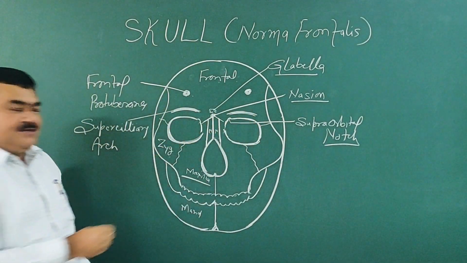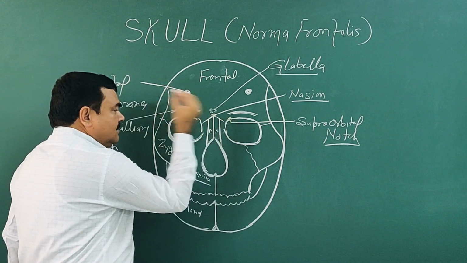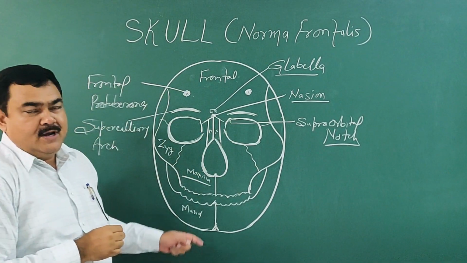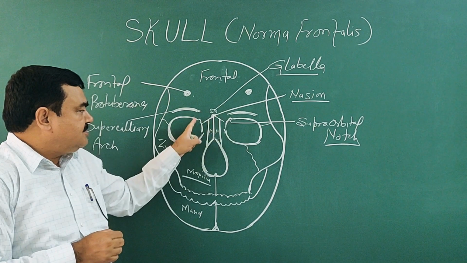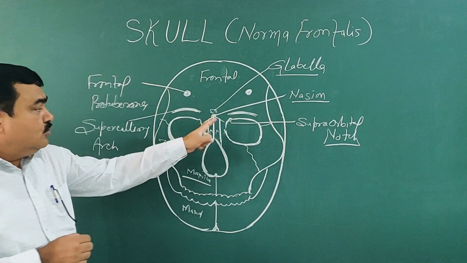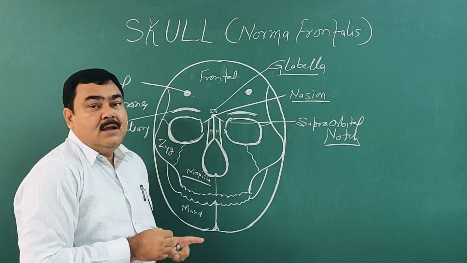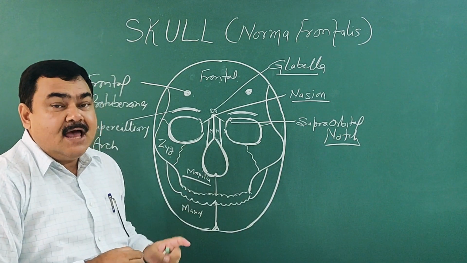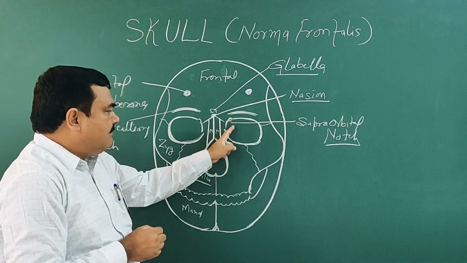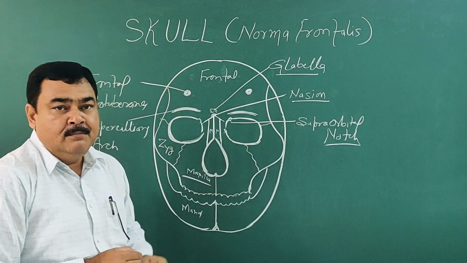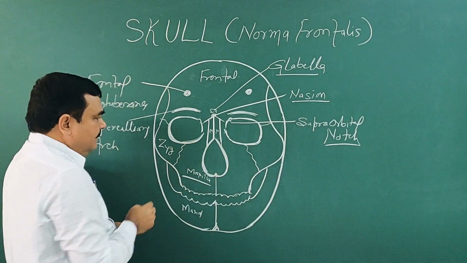Sometimes a foramen is present here, the supraorbital foramen or notch. Mostly a notch is present. The supraorbital vessels and nerve pass through this supraorbital notch.